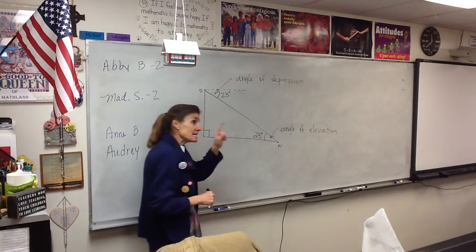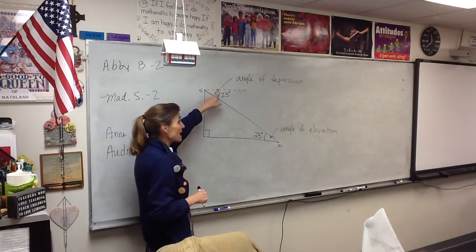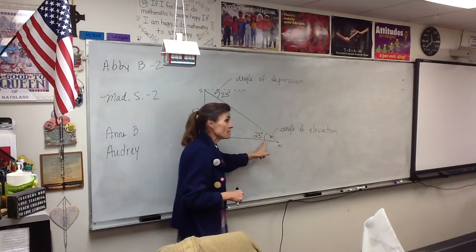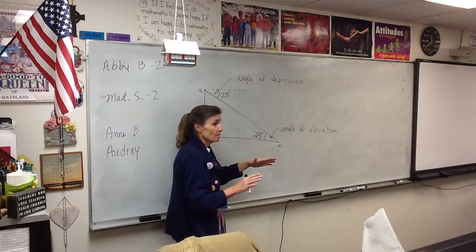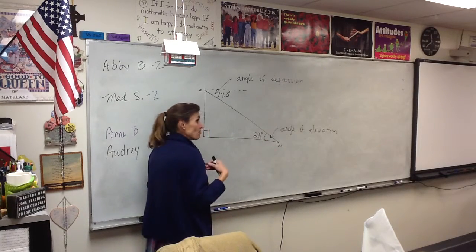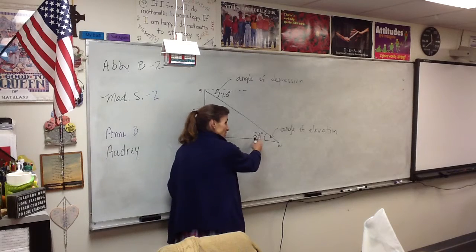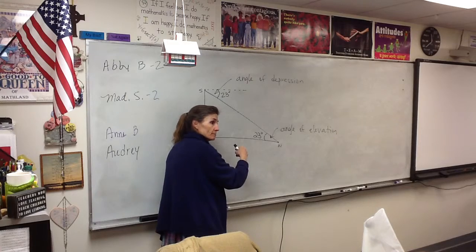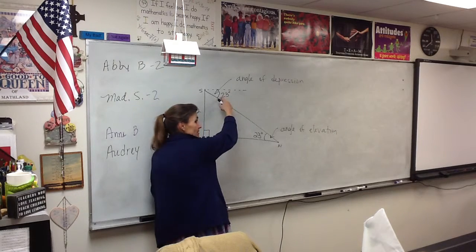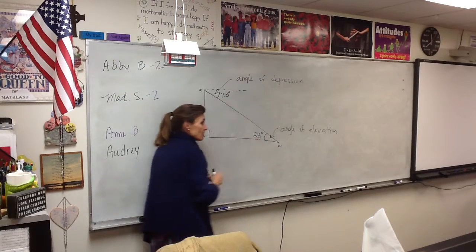So I can either mark the angle of depression or the angle of elevation. Every time they're going to match. It makes more sense for me to mark this one because it's inside the triangle. Would you agree? This one's not even inside the triangle, so I'm going to put my 23 down here.